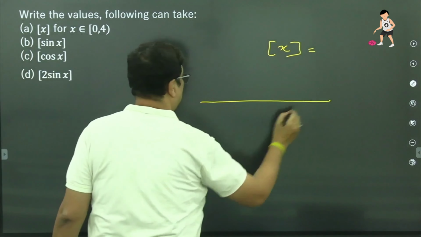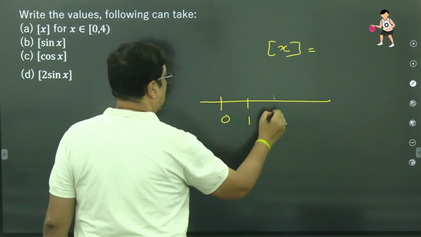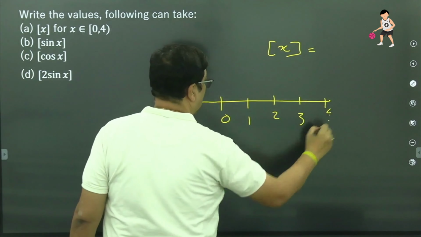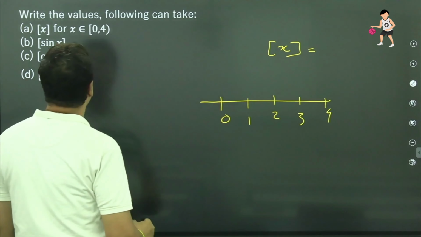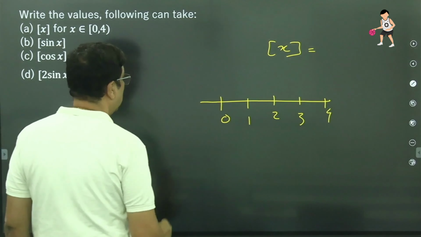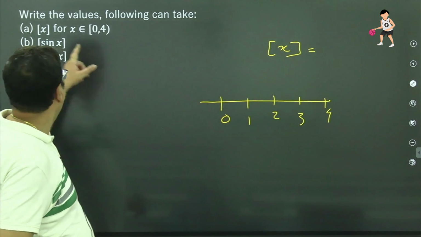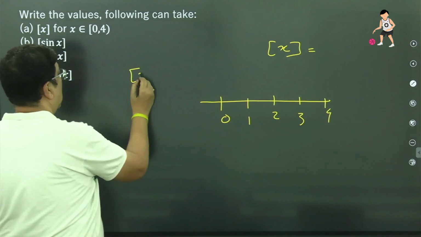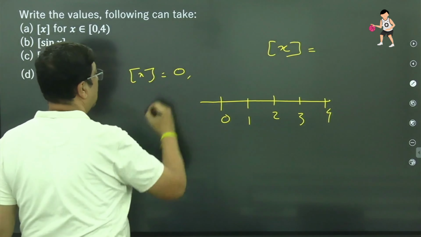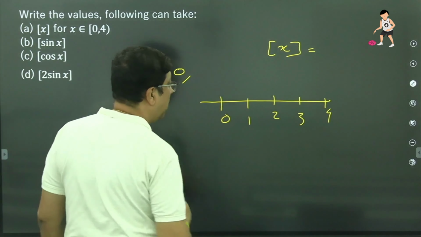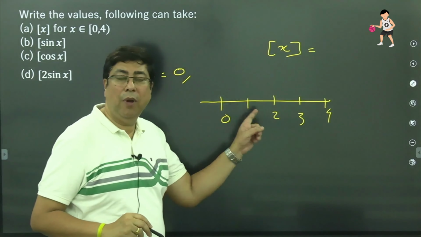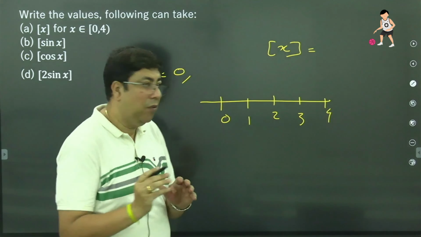So if I draw the number line 0, 1, 2, 3, 4. Just see one thing, what is the integer number in between? In between 0 to 1, any number, the box function is 0. Any number between 1 to 2, the box function is coming 1.